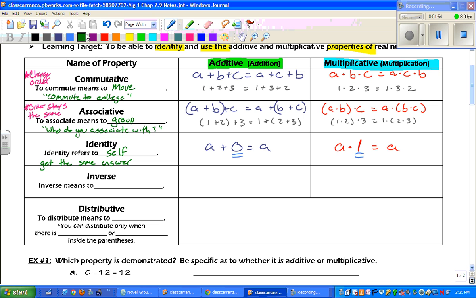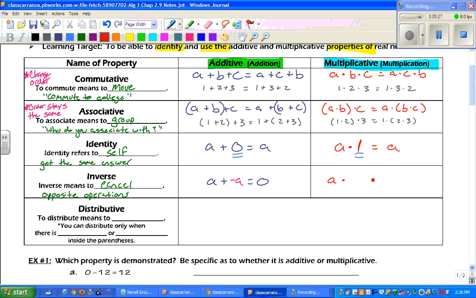All right, inverse. Inverse means to cancel. When you're canceling things, you need to think about opposite operations. So with addition, a plus what gives you 0? Well, that's a plus the opposite of a.